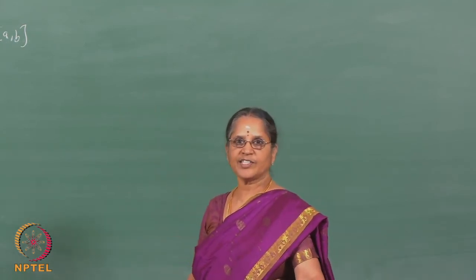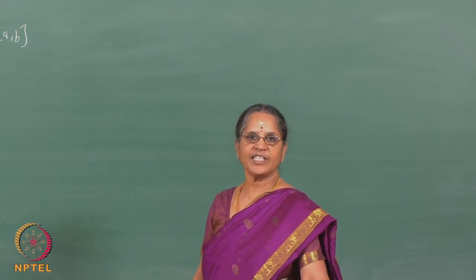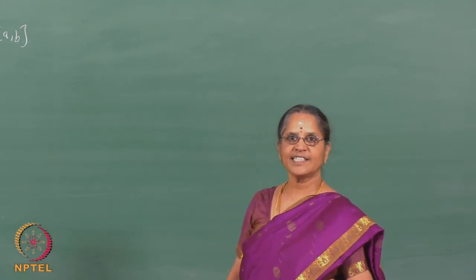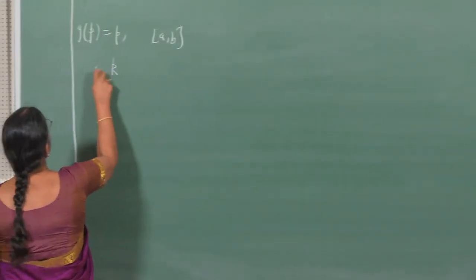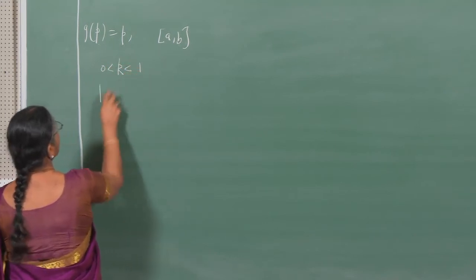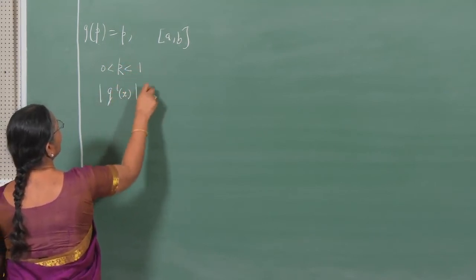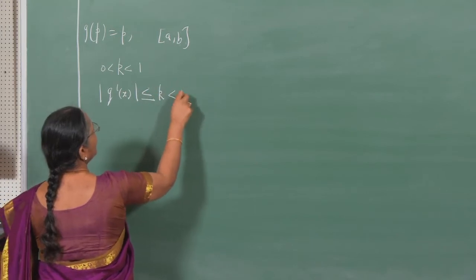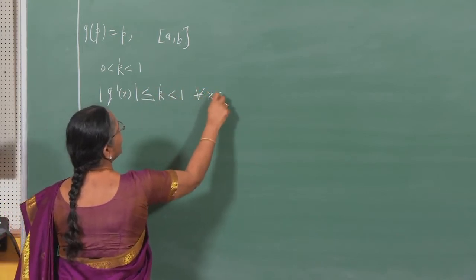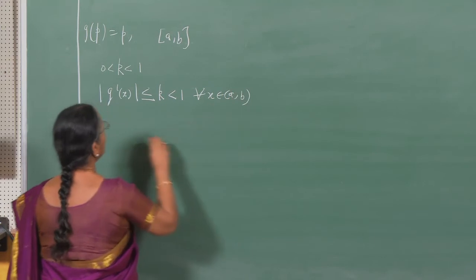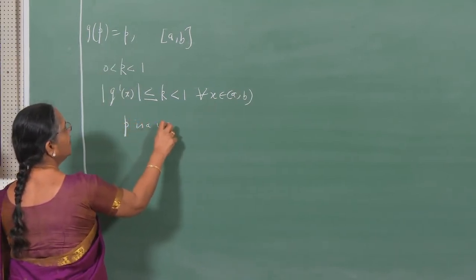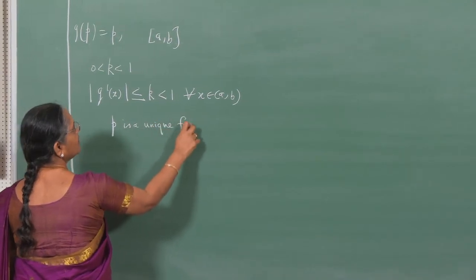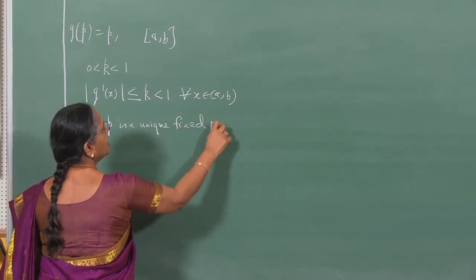Then it has a fixed point, and in addition, if g dash of x exists in the open interval a b and there is a constant k with 0 less than k less than 1 such that modulus of g dash of x is less than or equal to k less than 1 for every x in the open interval a b, then this fixed point p is a unique fixed point for the function in that interval.